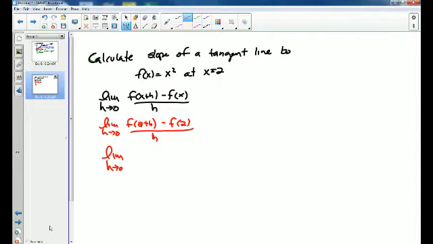Again, stay organized in your work on these because it can get messy. What's f of 2 plus h? 2 plus h, squared. Right? Plug in 2 plus h. F at 2 is 2 squared.